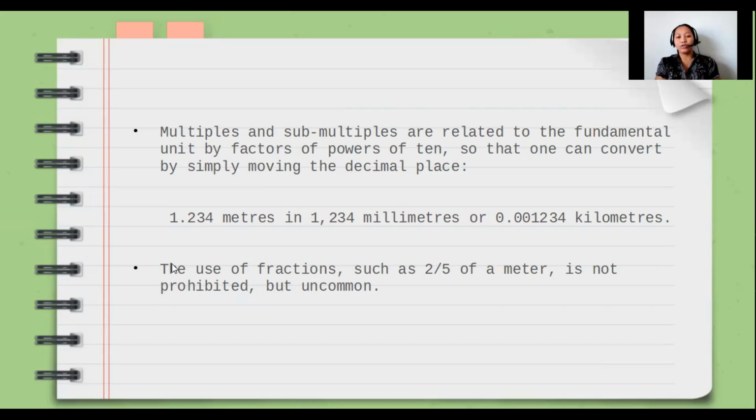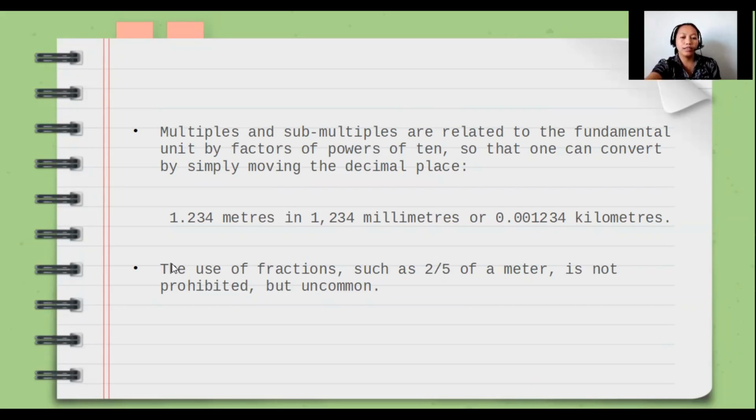They are also numbers which divide 20, and they are also called multiples. So 1.234 meters in millimeters is 1,234. Or in kilometers, we have 0.001234 kilometers.